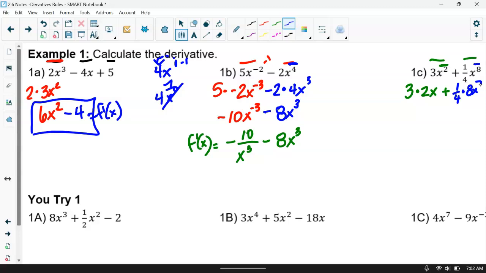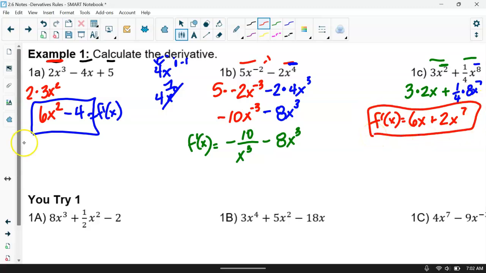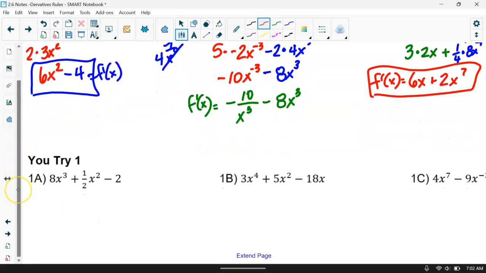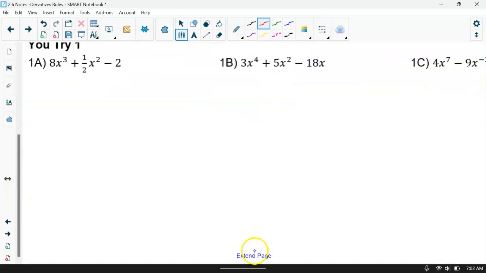Now we'll simplify. 3 times 2x is 6x, plus 1/4 times 8 is 2x to the 7th. This is our derivative. So go ahead and pause the video and try the you-tries on your own.